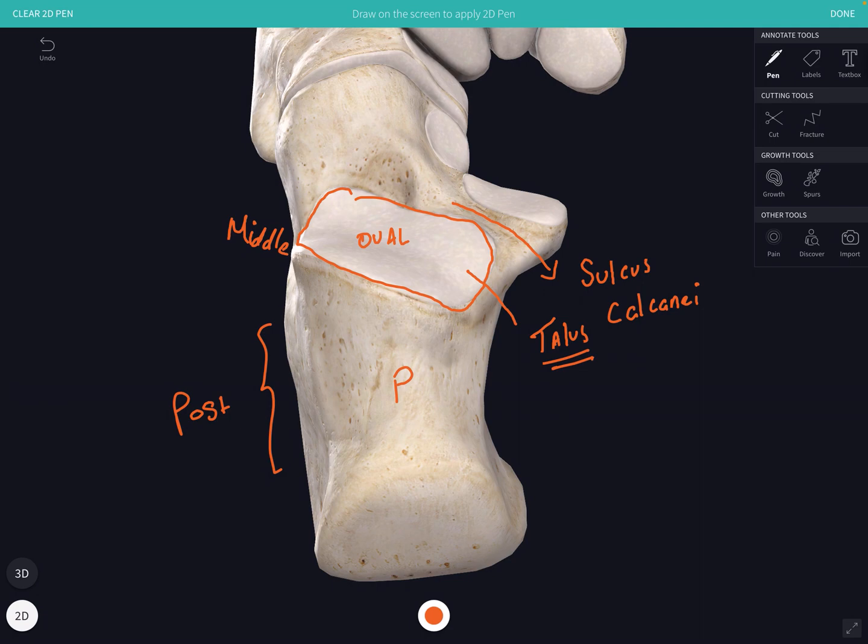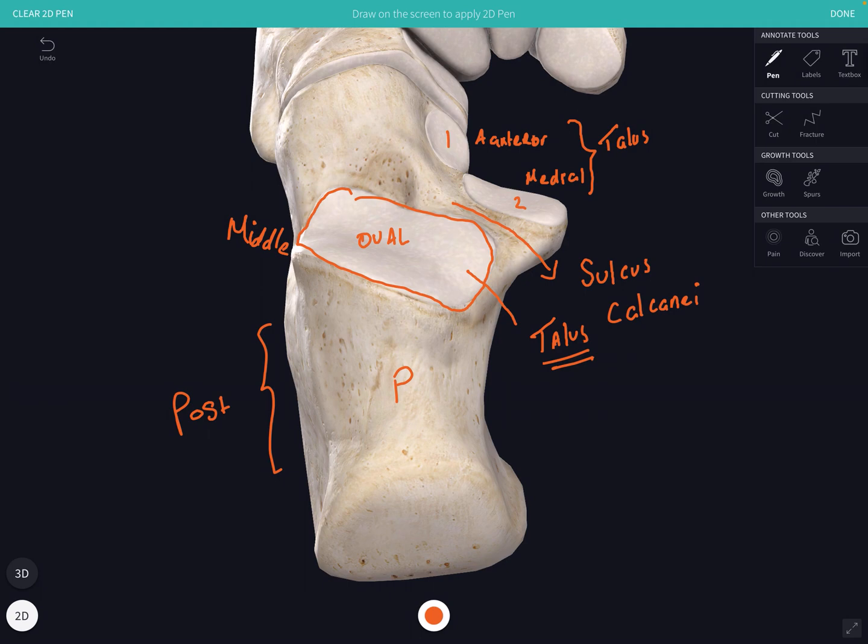Now, in front of that groove, we have a further 2 articular facets. Okay, we have one that's more anterior and one that's more medial. And again, those two articular facets are going to articulate superiorly with the talus.